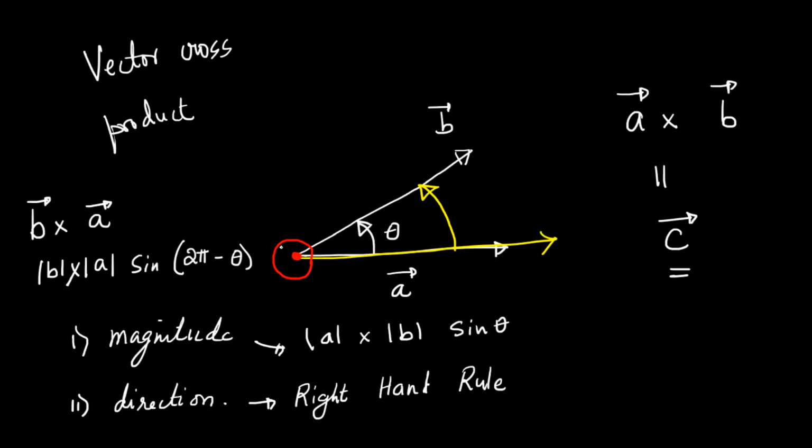Sine of 2 pi minus theta is the same thing as minus sine theta, so this is equal to minus of mod A mod B sine theta.